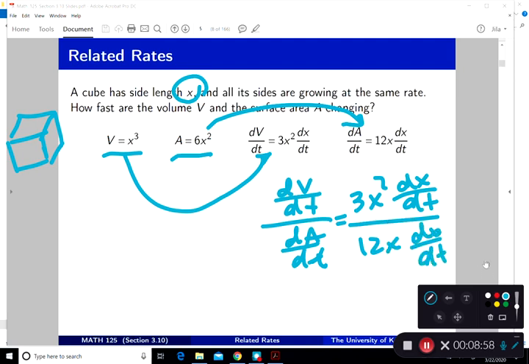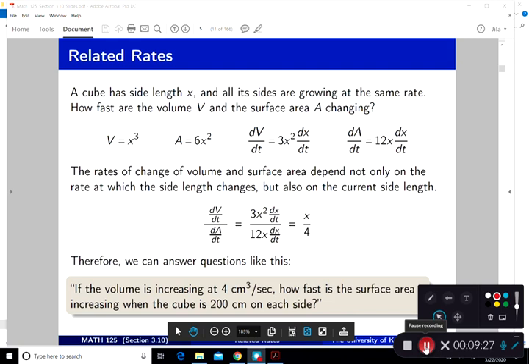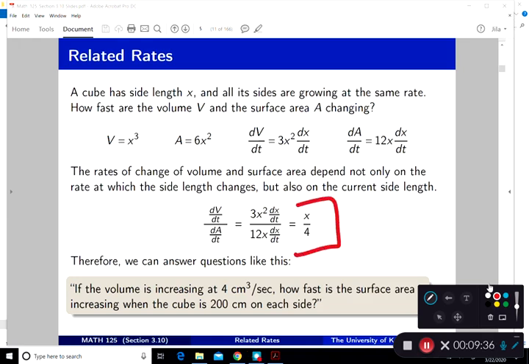Then I can simplify dx/dt over here, and then simplify these. So this would be 1, this would be 4, and that goes away, and I end up with x divided by 4. So V prime is equal to A prime times x over 4. Now I can answer this question.